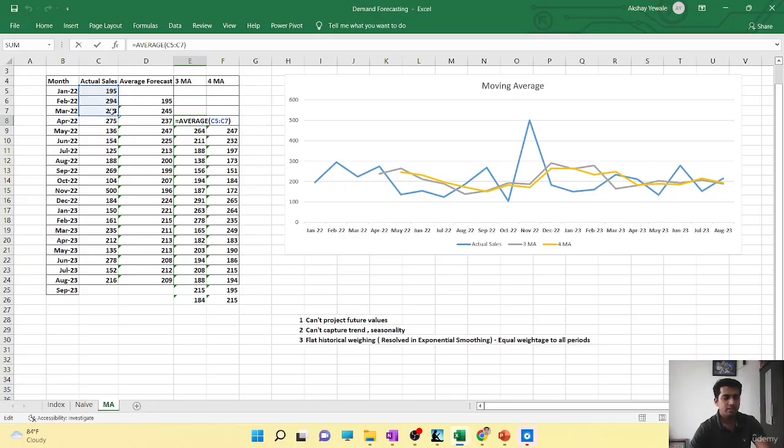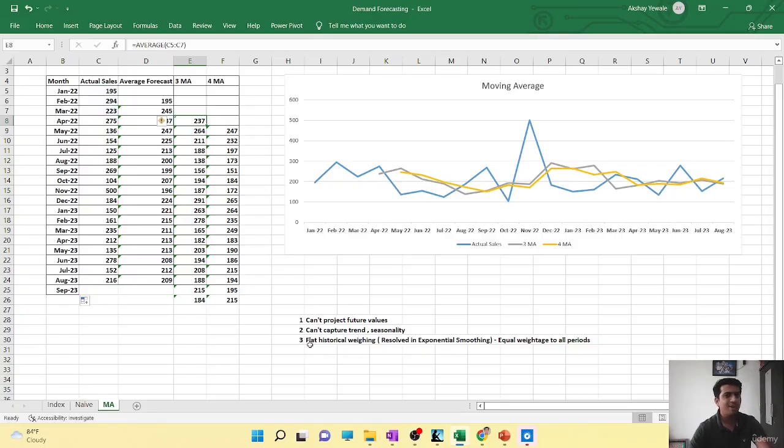But as we know, the recent data should be given more value because it's nearer, and the near term forecast should be closer to the near term actuals what we have, right? So ideally more weightage should be given to the nearest, like March should be given the most weightage, second should be the Feb one, and least should be January.